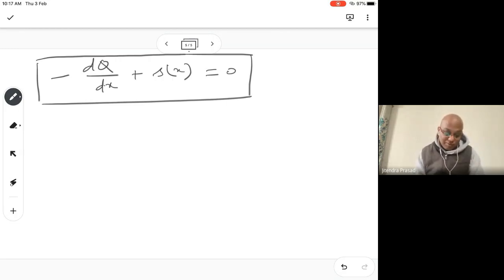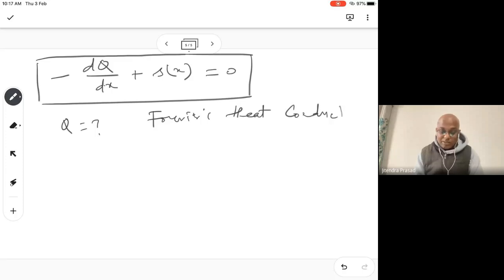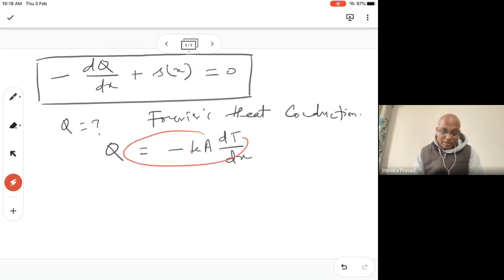So what is q? You have to find out q now, and for that we apply Fourier's heat conduction. You know that q is equal to, as we discussed, minus k A dT over dx. Same thing we will put right here.